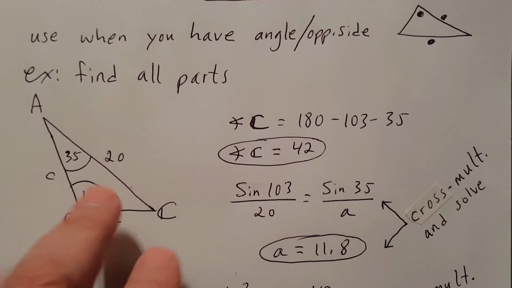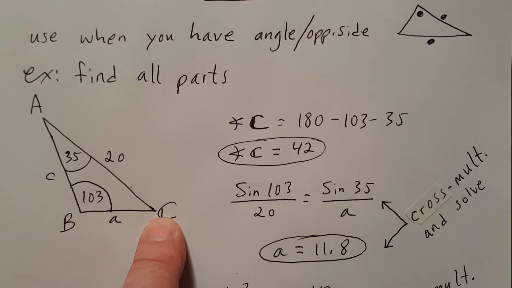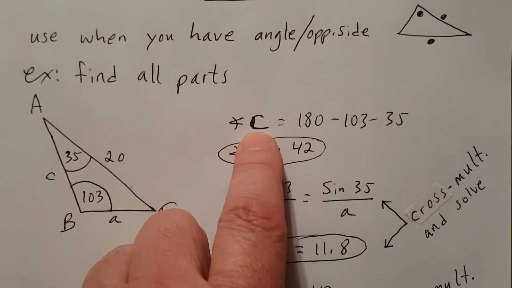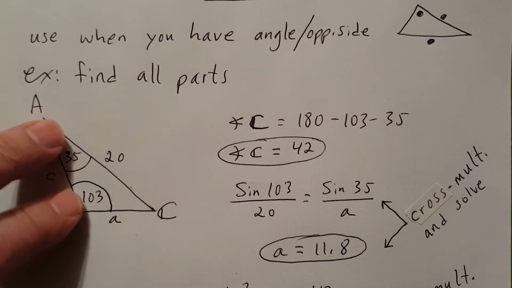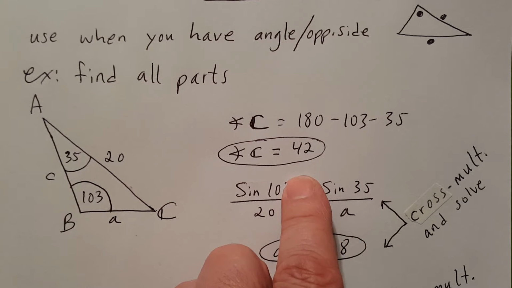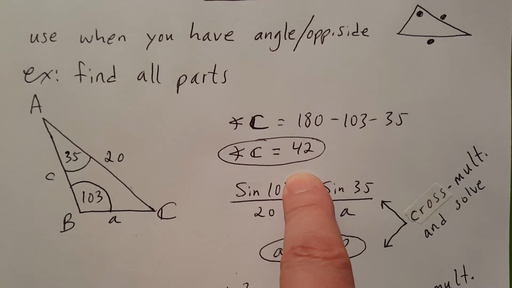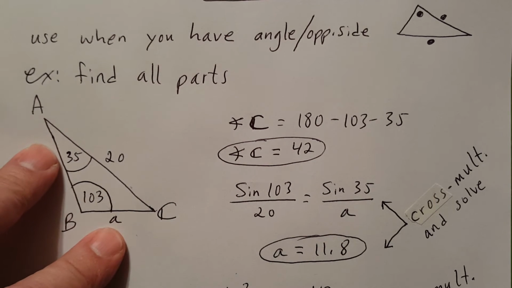But first, since we want to find all the parts, let's get the angle out of the way because that's the easiest. Angle C is obviously 180 minus these two angles. Using the 180 rule, I find out really quickly angle C is 42. Now I need to find these two sides.